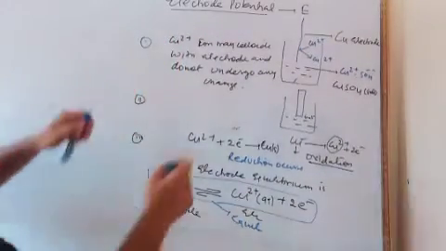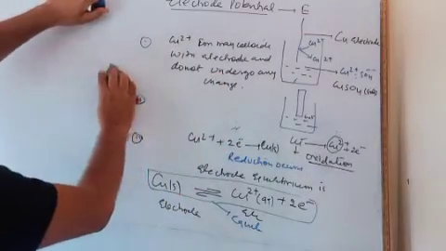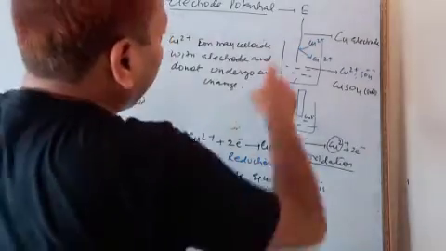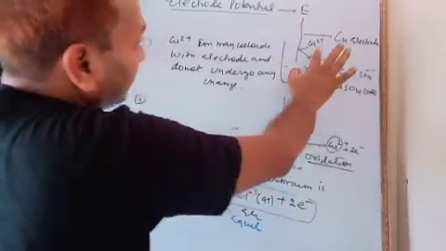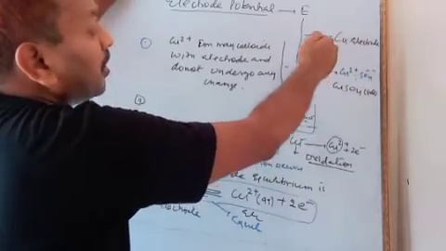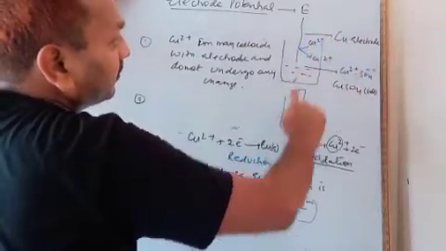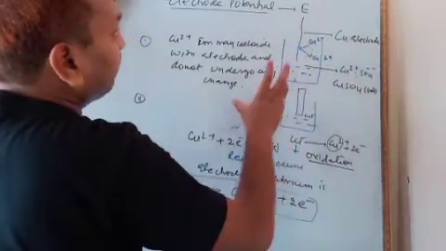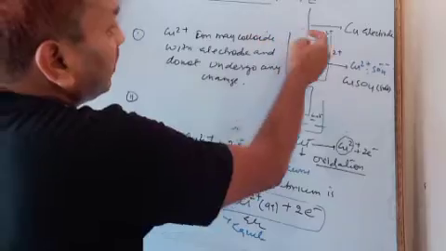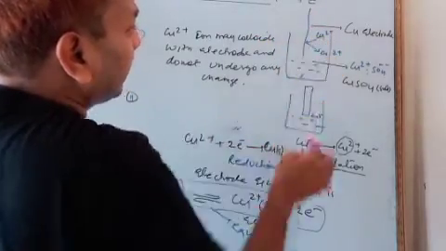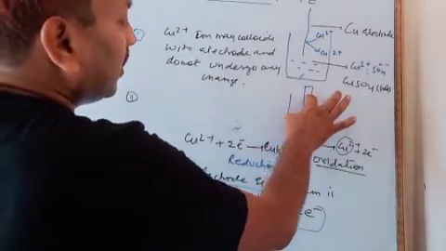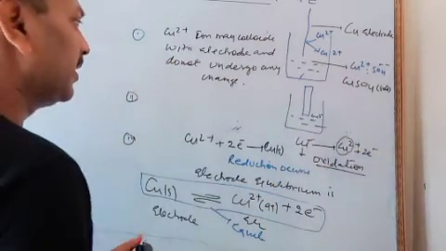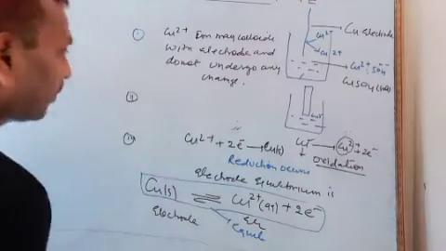Now, what is the electrode potential? Here there is a separation of charge, due to which a potential difference is set up. The key definition of electrode potential is that the potential difference is set up between the metal rod electrode and the electrolyte. This is known as electrode potential.